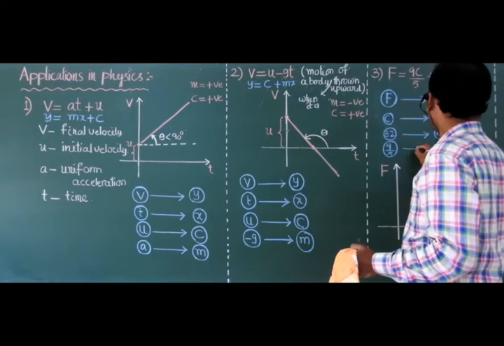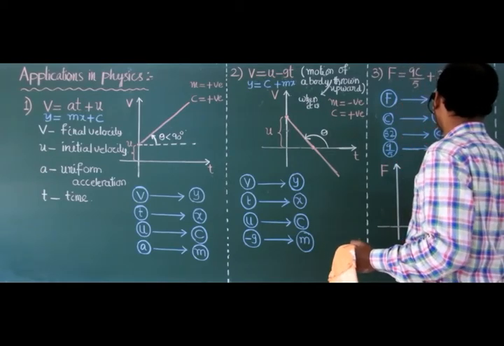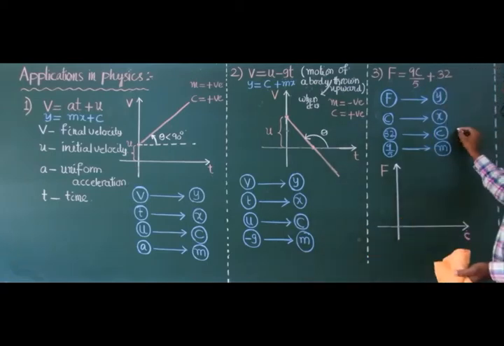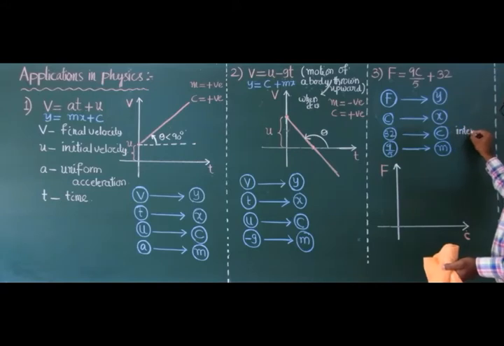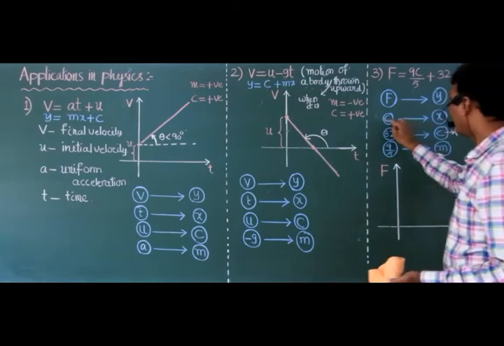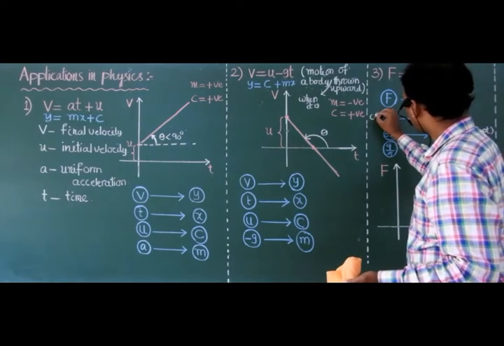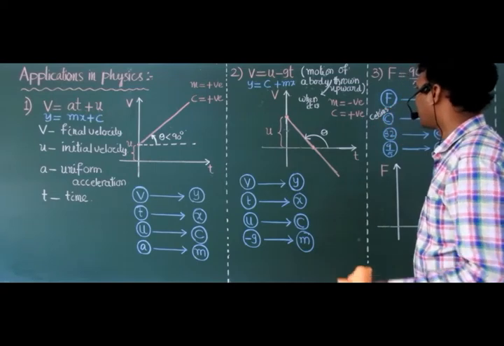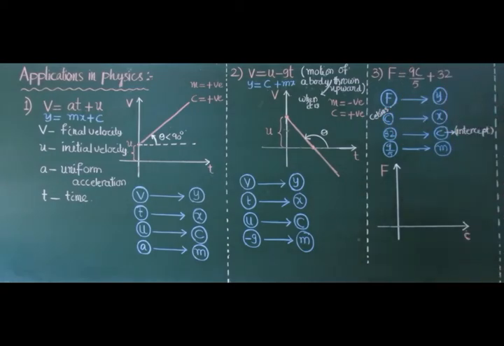What is 9 by 5? Slope, m. Here I will write for confusion. Here this C means intercept. Here this C means Celsius, temperature measured in Celsius.